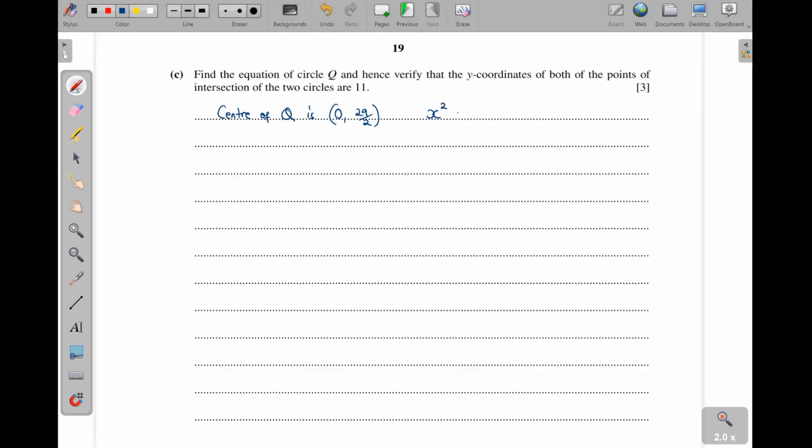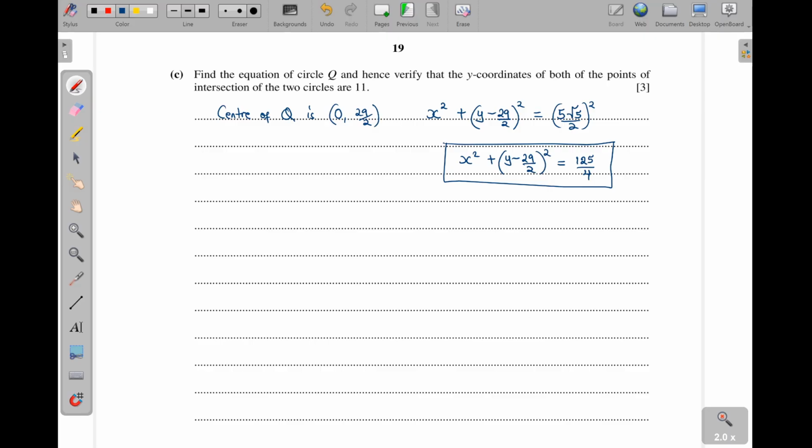Let me just write x² + (y - 29/2)² = (5√5 / 2)², since the radius was given as 5 root 5 over 2. When I square the 5, it will be 25. Then squaring the root 5 gives me a 5. So 5 times 25 is 125. When you square the 2, you get a 4. So x² + (y - 29/2)² = 125/4. This is the equation of circle Q.